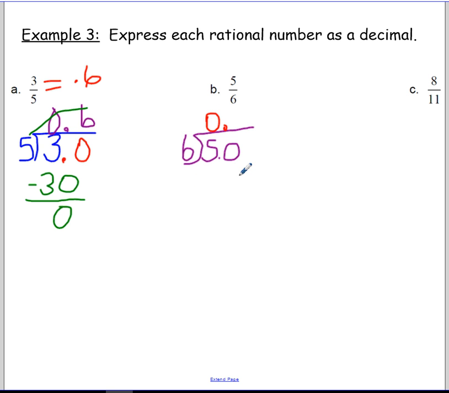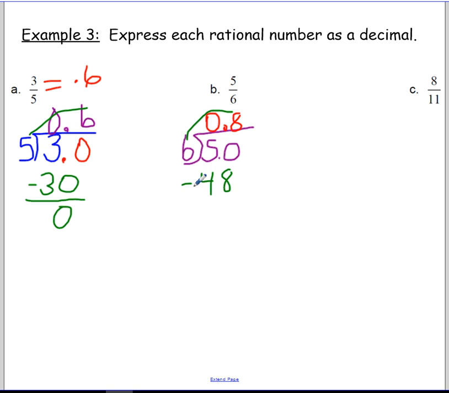But how many times can 6 go into 50? Well, let's see here. 6 times 7 is 42. 6 times 8 is 48. 6 times 9 is 54. That's too much. So 8 times. And 8 times our 6 was 48.